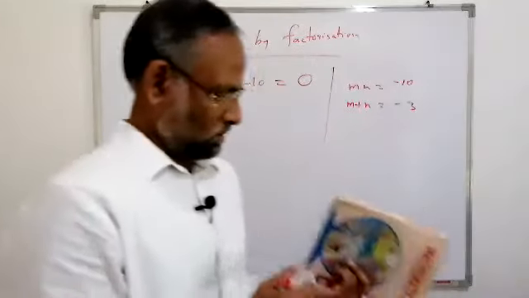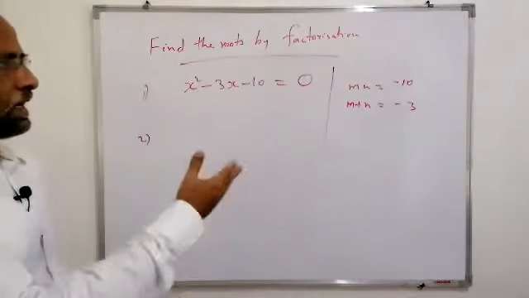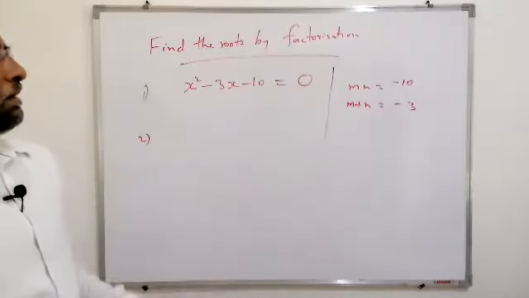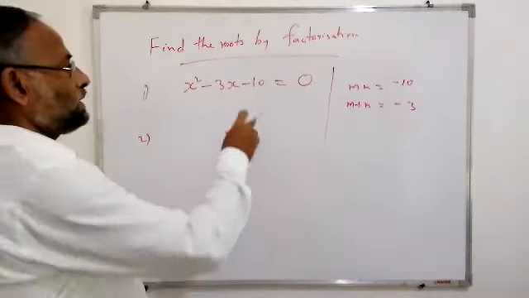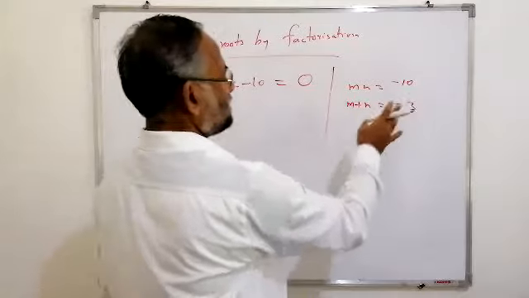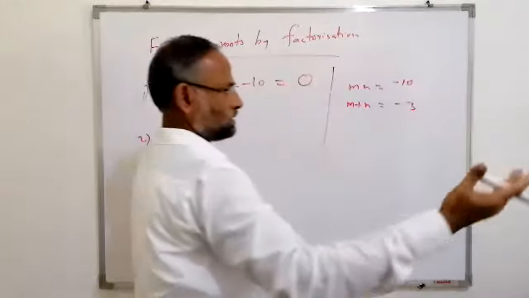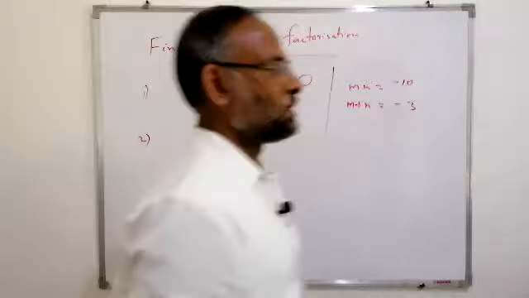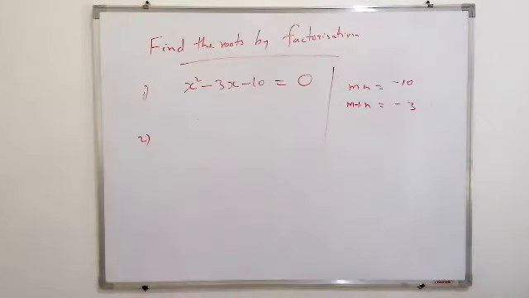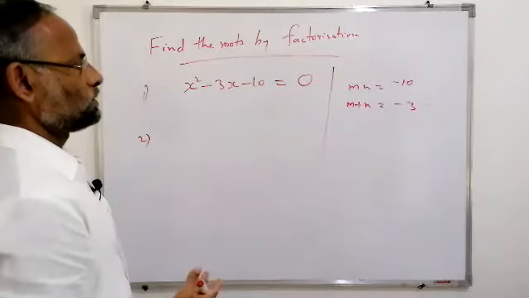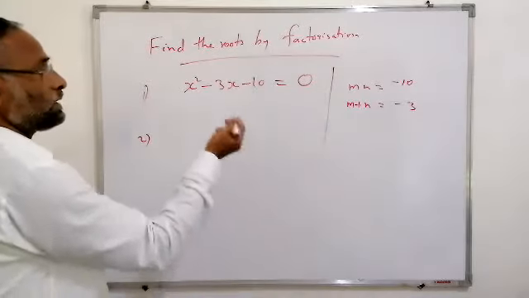Next time we can do hard like that only. Multiplication is minus 10, addition is minus 3. The two numbers are different sign because plus and minus. 5 and minus 2. You got it?